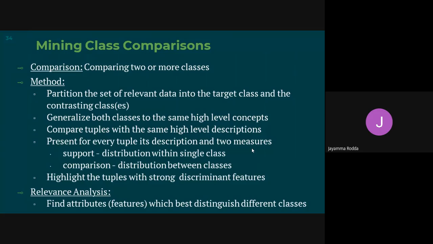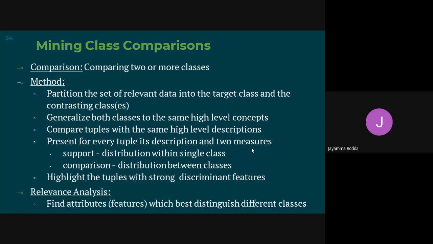The class for which we are trying to compare with the other class is called the target class. You should remember that the target and contrasting classes must be comparable in the sense that they share similar dimensions and attributes.